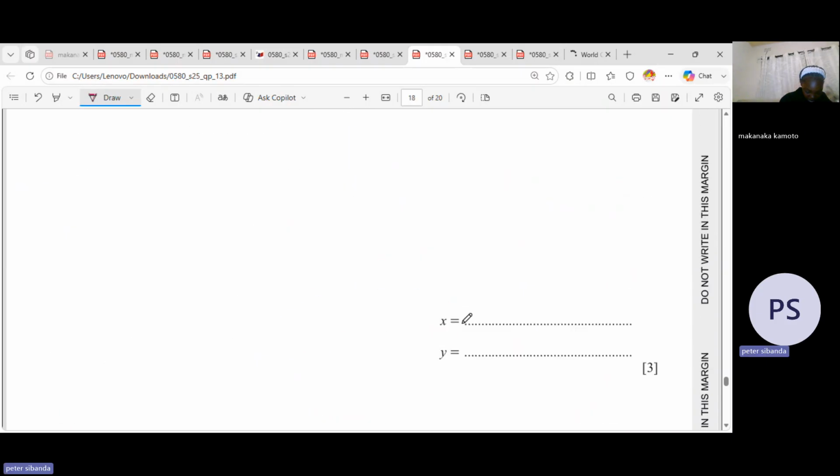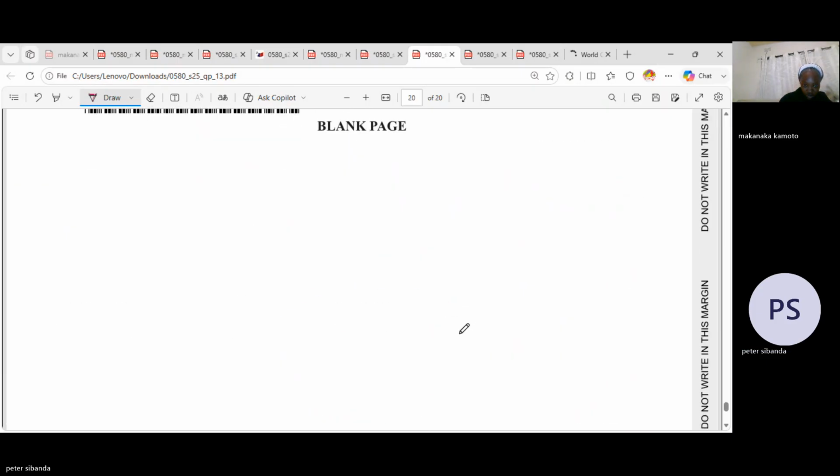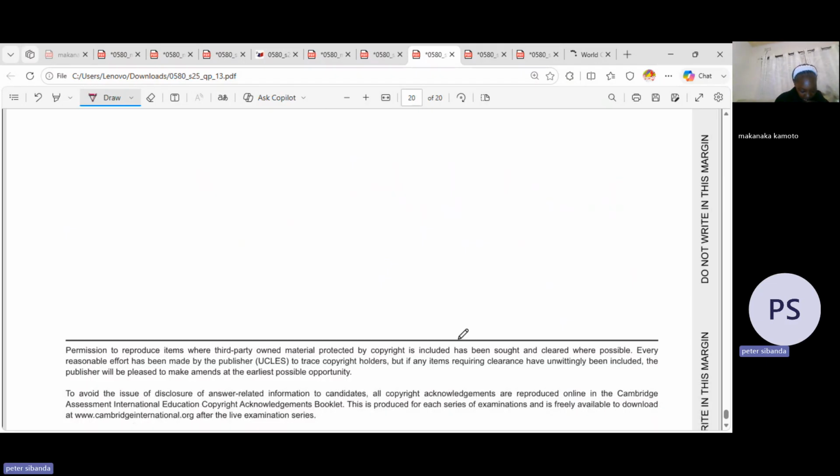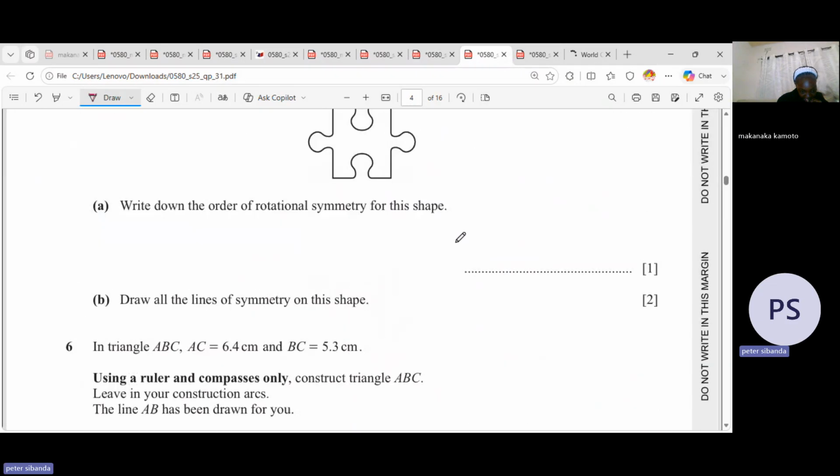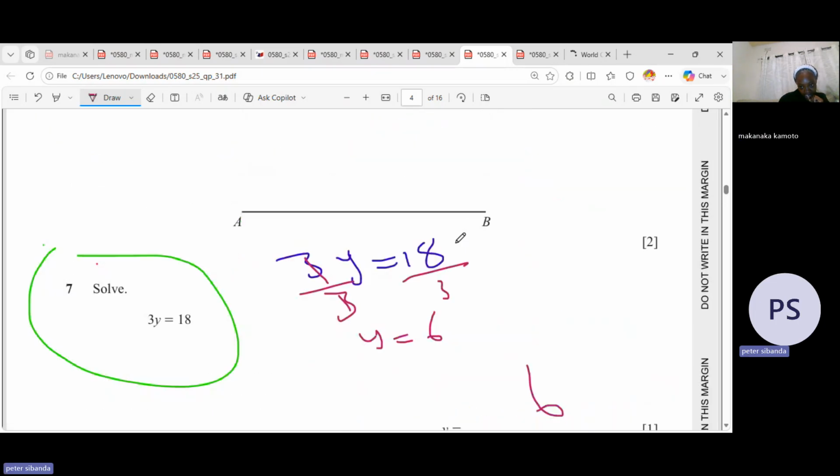There it is, but it's for tomorrow. This other question paper has something circled, but we did it.